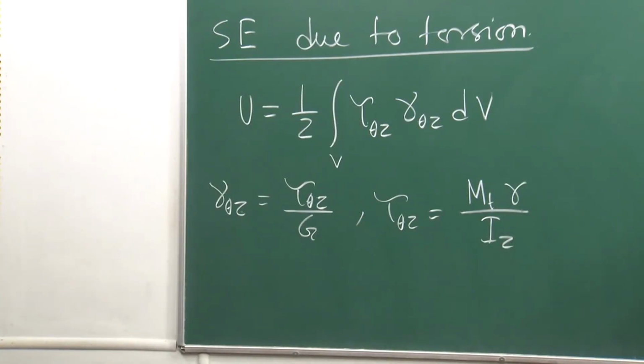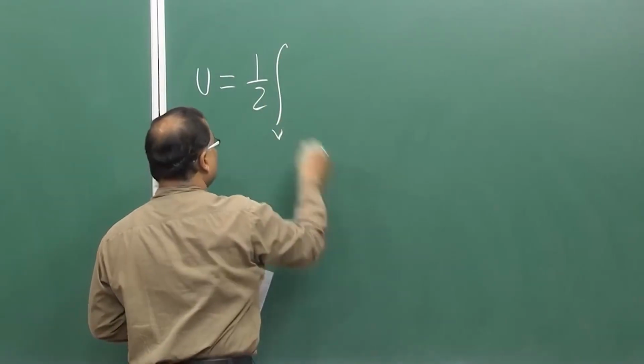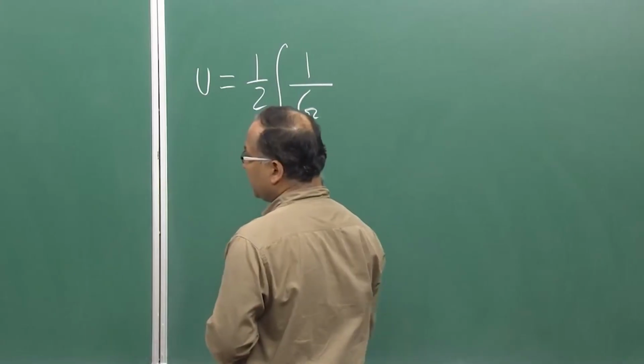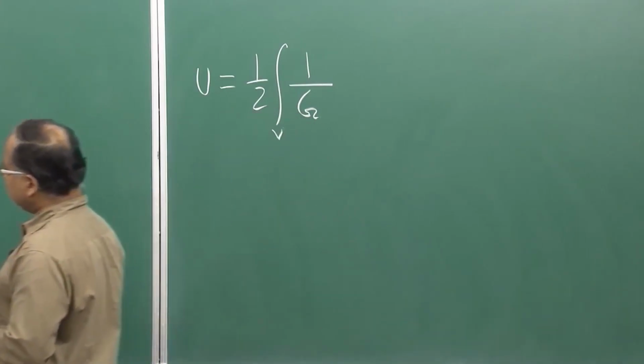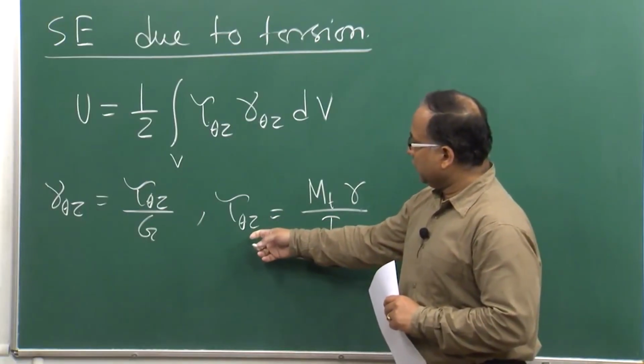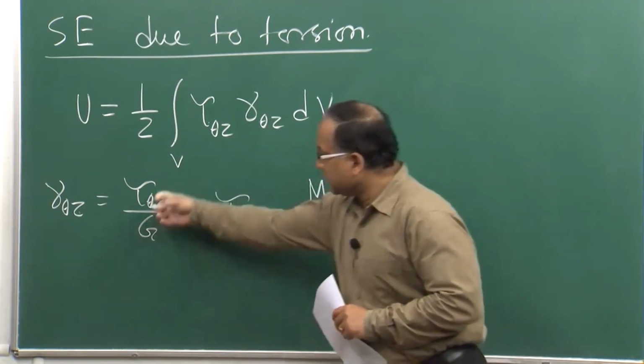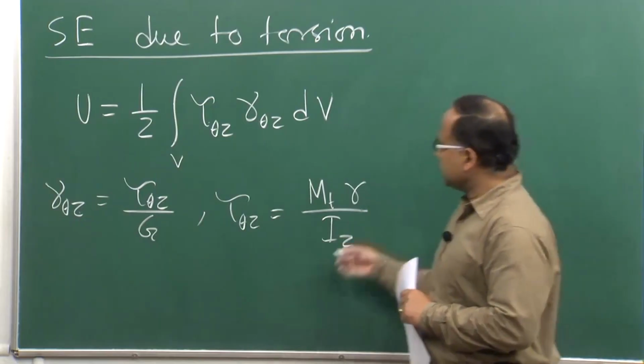Therefore, I can write U equal to half, 1 by G. Instead of gamma theta z, we can put tau theta z by G, and tau theta z is this.